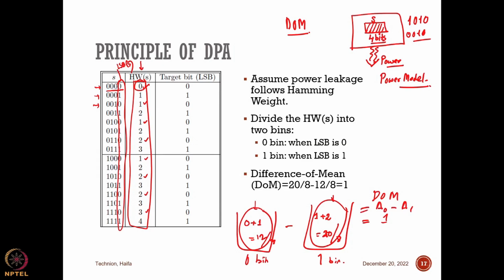So why is this very important? I have divided these Hamming weights into these bins based on the LSB of S, right?